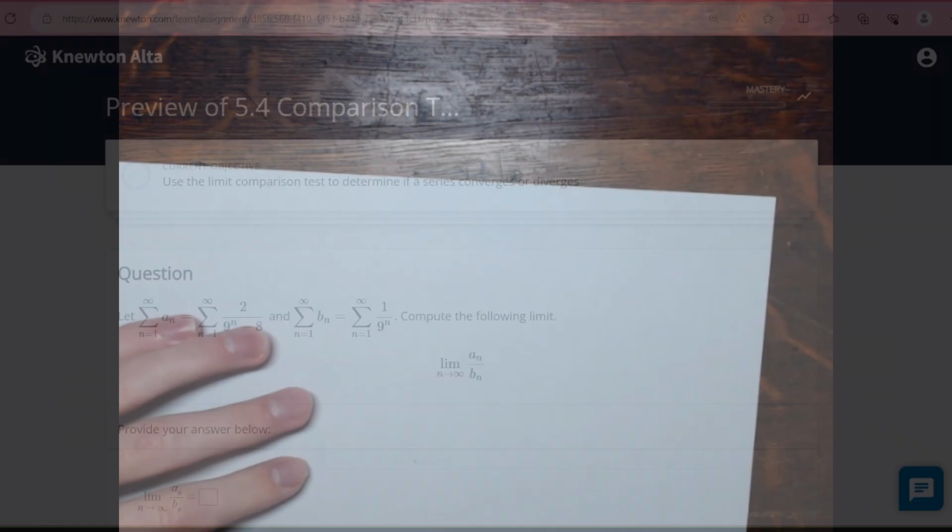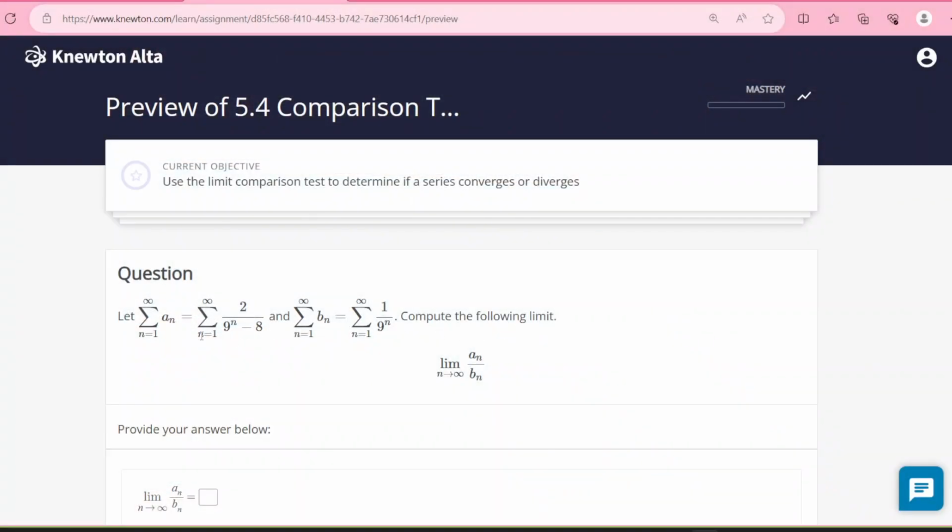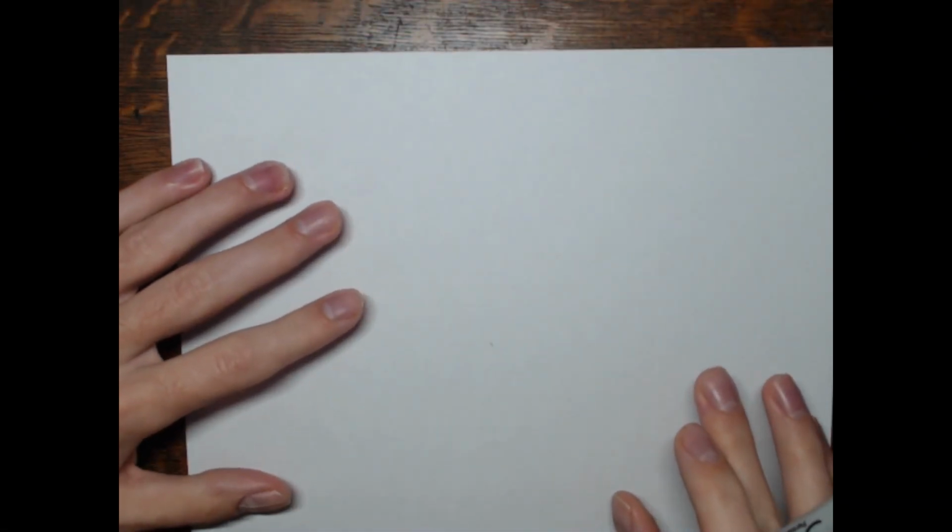All right, so back to the example we were given. They're giving us a couple of series and asking us to compute this limit. It's just going back to Calc 1 stuff, finding limits of ratios.